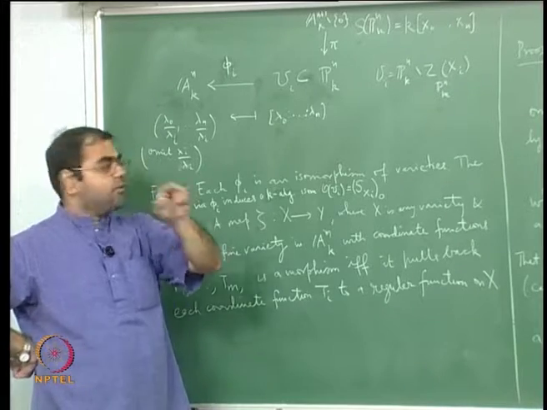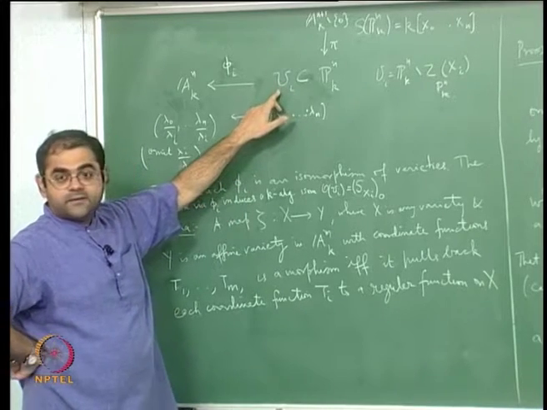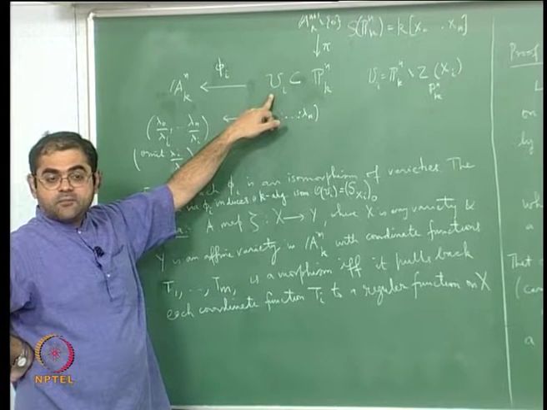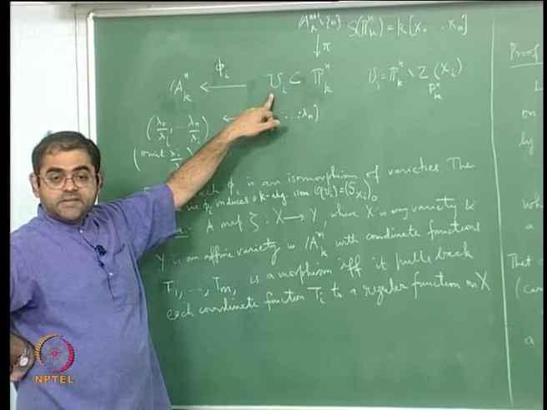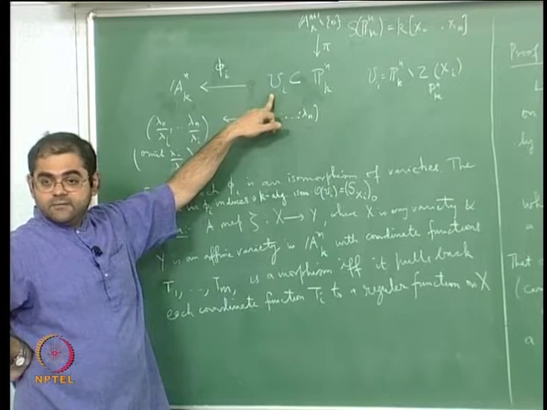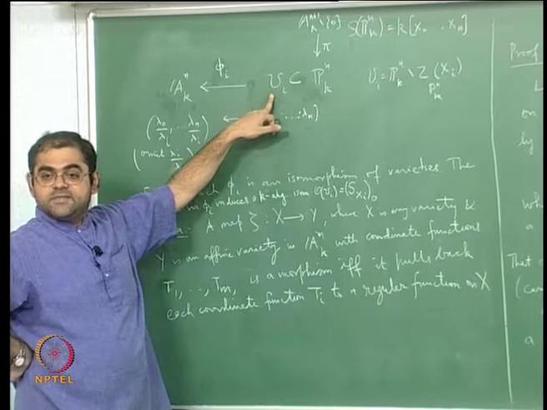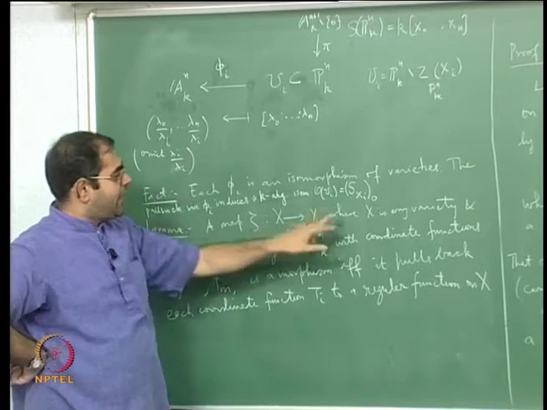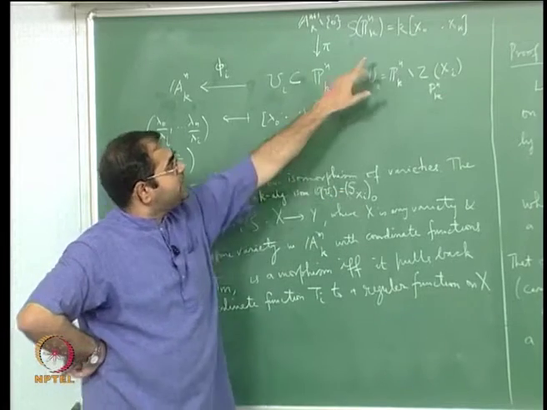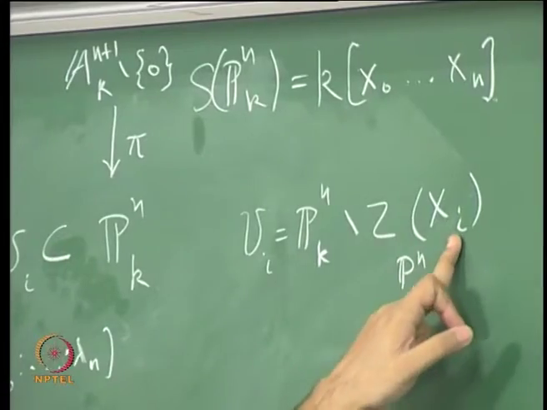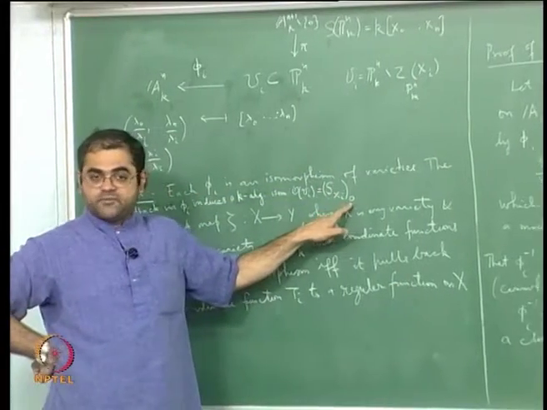So the only global regular functions on this ui are of the form g by xi to the t, where t is the degree of g. That is what you get when you take the homogeneous coordinate ring, localize at xi, namely invert xi, and then take the degree 0 part for the induced gradation.